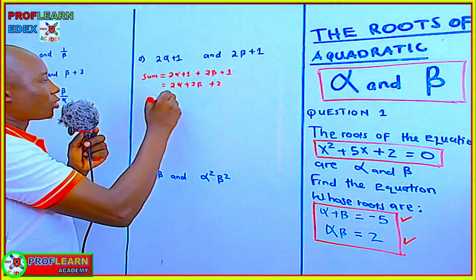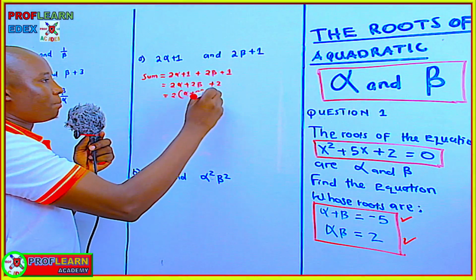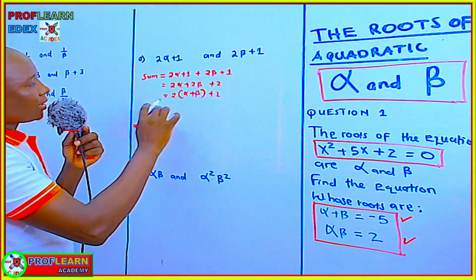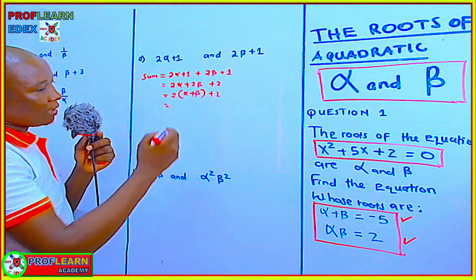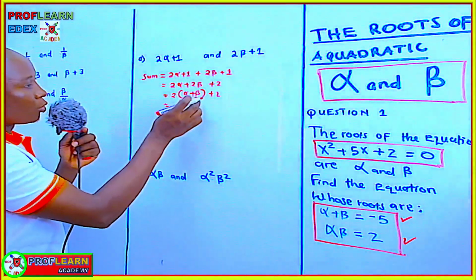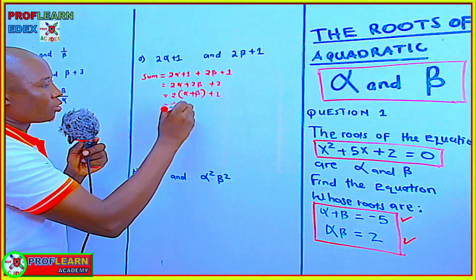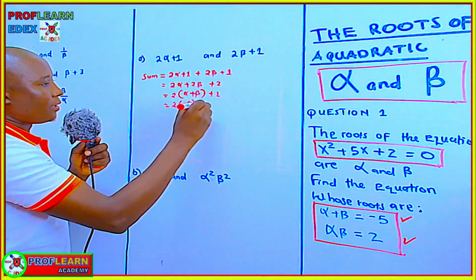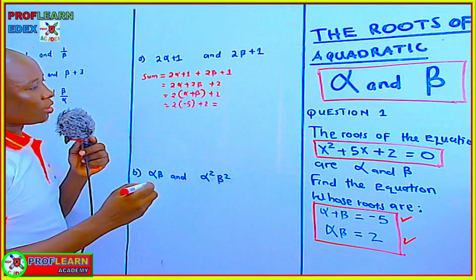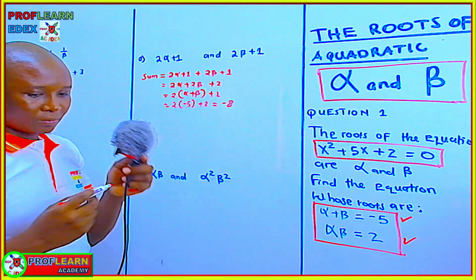It's going to reduce to 2 into alpha plus beta, then plus 2. You can see now the sum is this, but alpha plus beta is negative 5. So we can put it in here. We are going to have 2 into minus 5, then plus 2, and this is going to translate to negative 8.